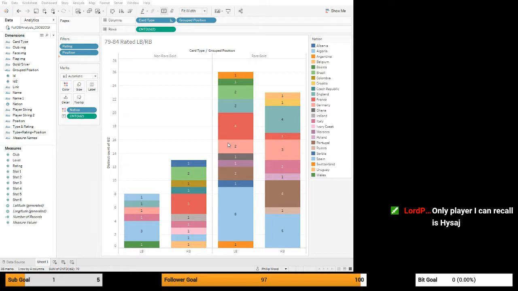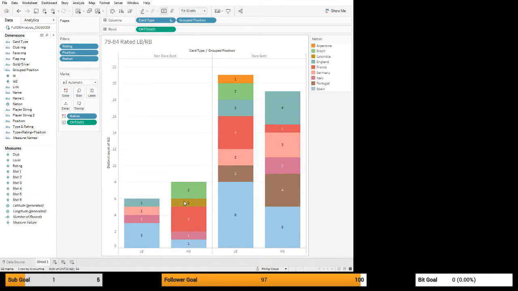Italy. Netherlands. Portugal. Russia are in the most popular nations as well, if you look at football, which is interesting. So those are the most popular nations, yeah.